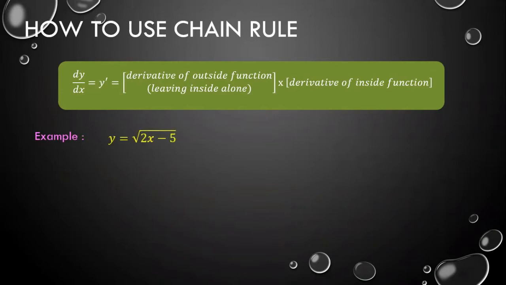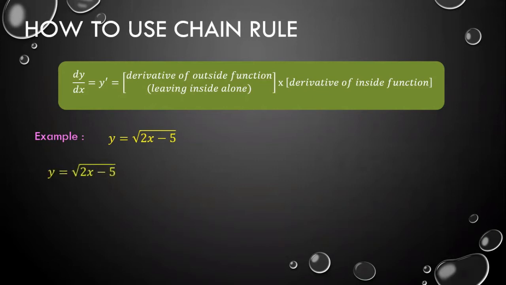y equals the square root of 2x minus 5. Once again, y equals the square root of 2x minus 5. How to differentiate this function?